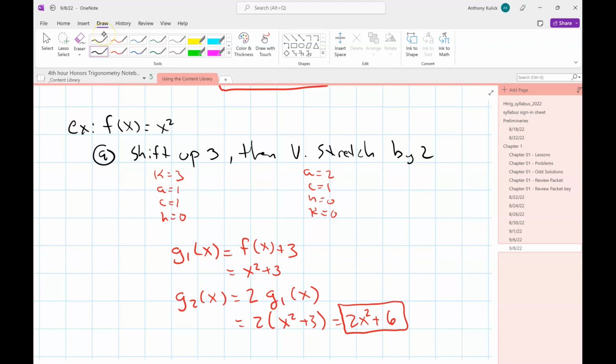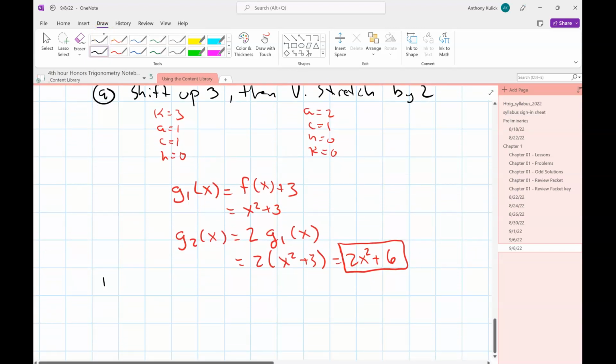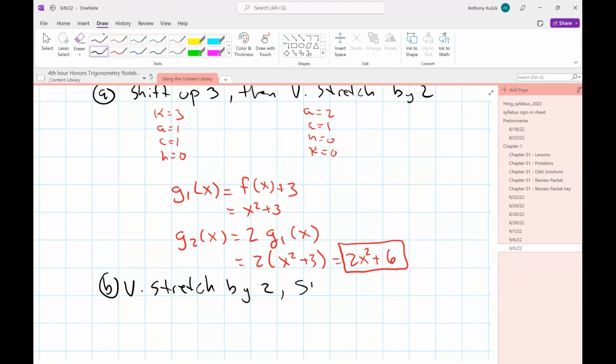Everybody okay there? Let's see what happens if we swap them. Does the order matter that I apply these transformations? What do you guys think?